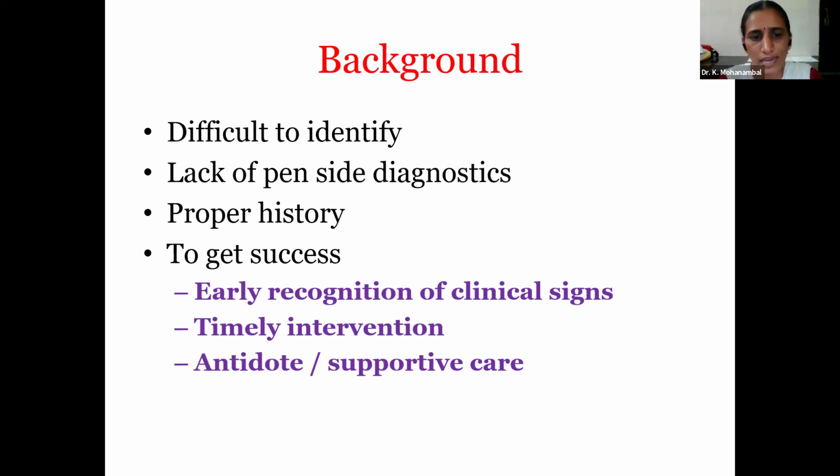Some toxin antidotes are available, but for some poisons, antidotes are not available. Where antidotes are not available, we depend on supportive care. Where antidotes are available, we should be very careful. We should always have antidotes for commonly presenting intoxications, so that is very important to get a good success rate in case of poisoning or intoxications.